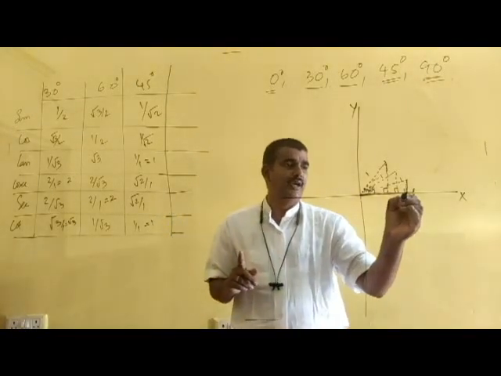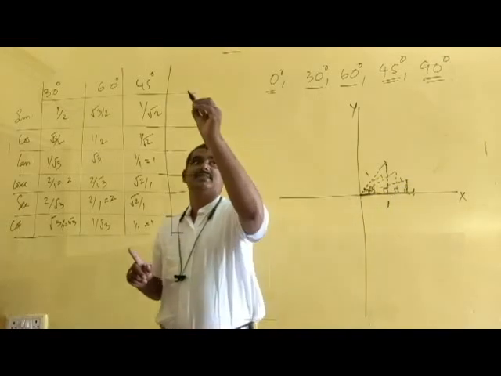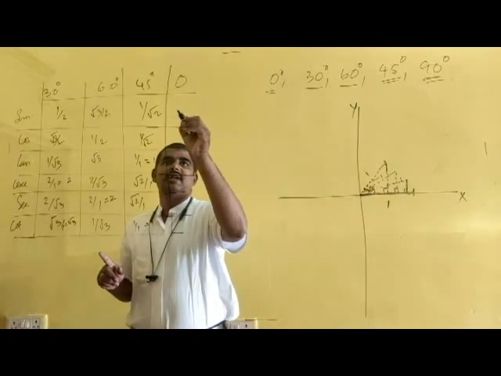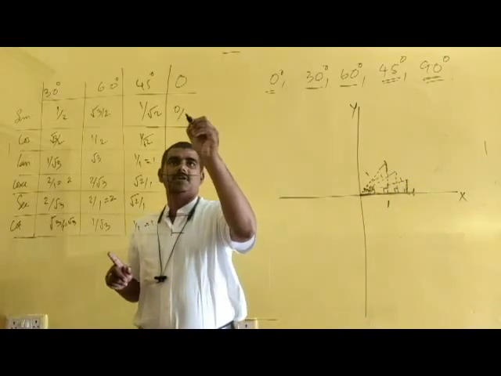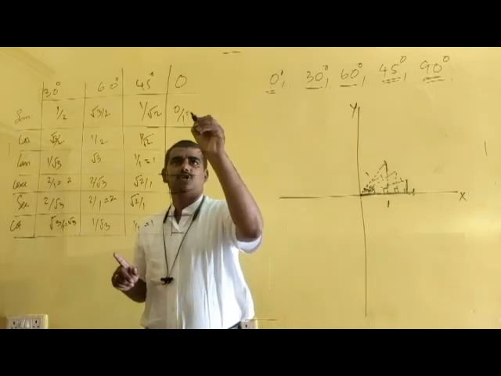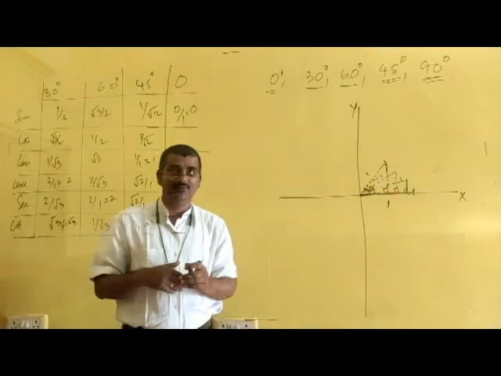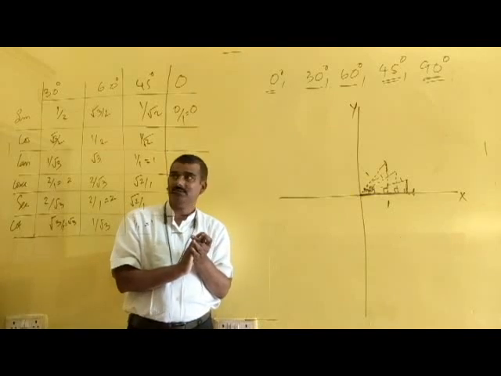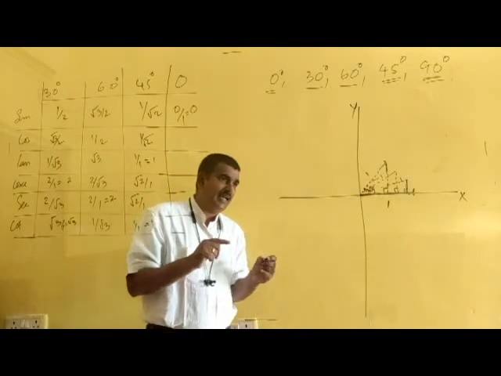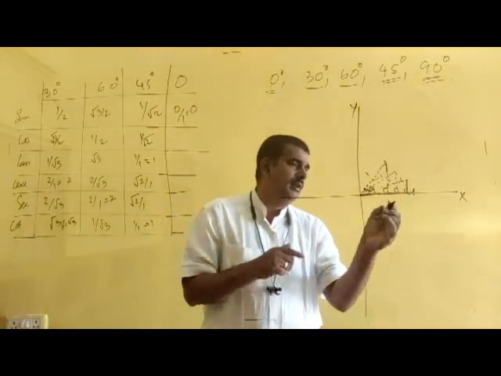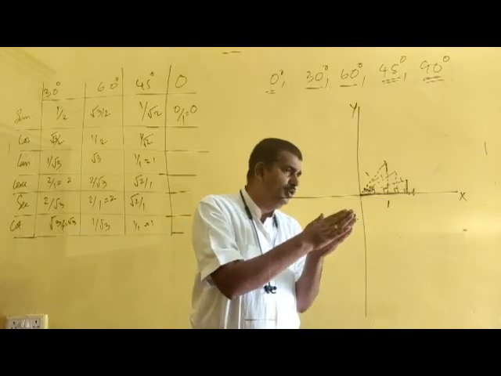So what way can you write? Opposite side is 0 and hypotenuse is 1, so sin theta is 0 by 1, which is 0. Cos theta at that time: the adjacent side is 1 and the hypotenuse is also 1.